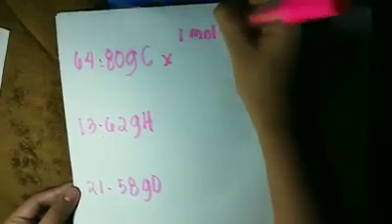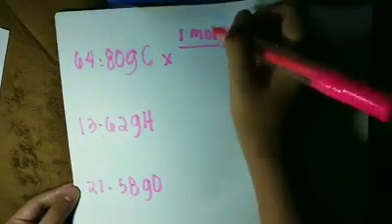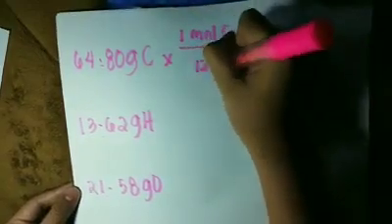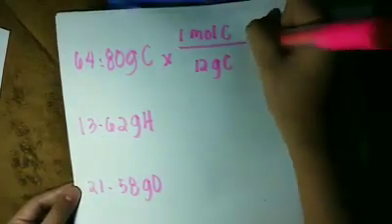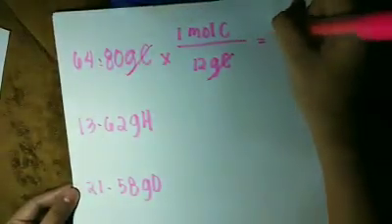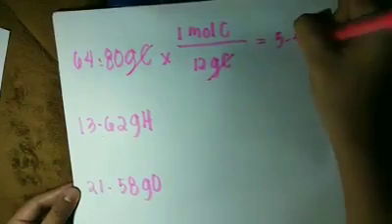Okay, so 64.80 grams of carbon multiplied by 1 mole carbon over 12 grams of carbon. Cancel out, is equals to 5.4.